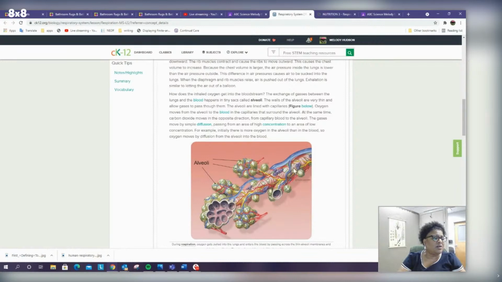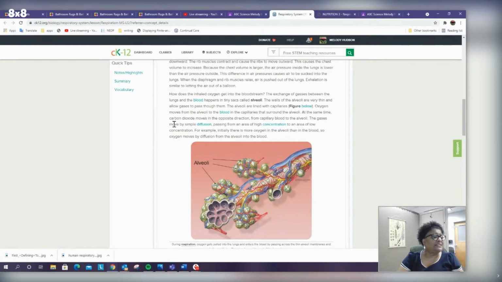These are all a little network of blood vessels. Oxygen moves from the alveoli to the blood in the capillaries around the alveoli. And at the same time, carbon dioxide moves in the opposite direction from the capillary blood to the alveoli.